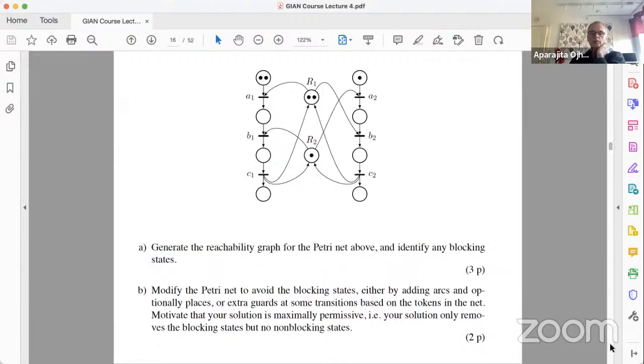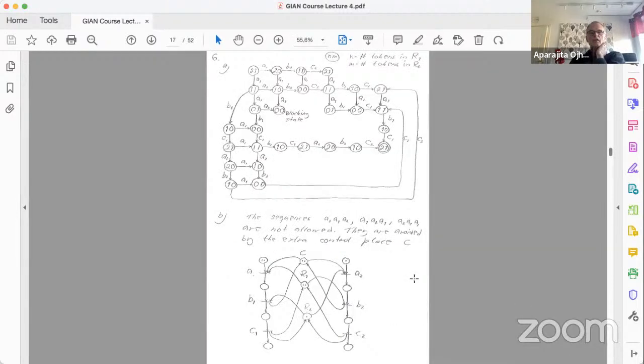Okay, this is quite hard work, to generate this complete reachability graph, and it's easy to get a very unstructured solution, so to say. But you see here that with some training, and maybe I even looked at some solutions from students, I could generate this solution.